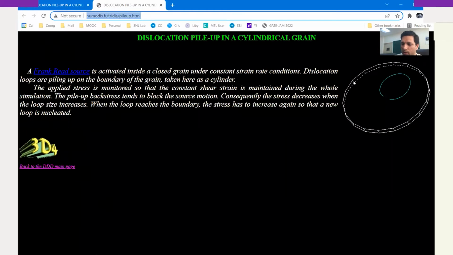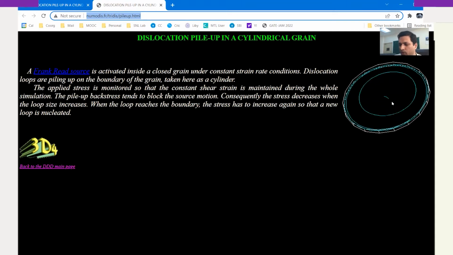Here you are looking at the 2 pinned points, and there is one grain. You can see that this forms a loop, and then since you are applying further stress, it is again forming a loop, and this part remains over here. So it acts like a source, and it keeps on forming new and new loops.